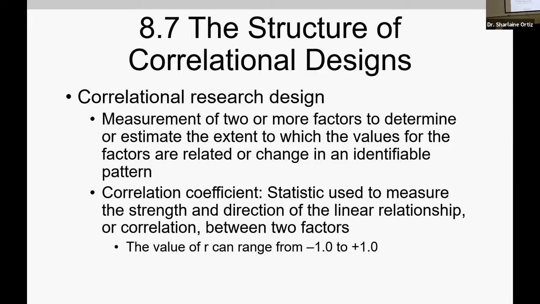One of the first things that we need to understand is that generally, when we are looking at a correlation, we're generally referring to two or more factors. What we're trying to ascertain in that process, we're trying to estimate if these factors are related, or if they change in an identifiable manner.